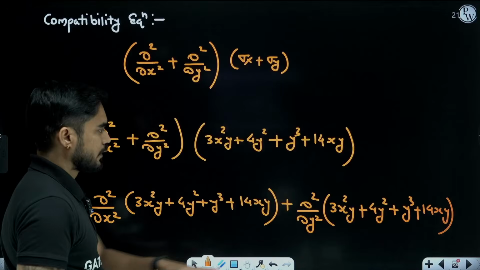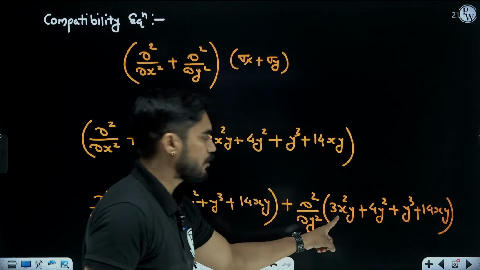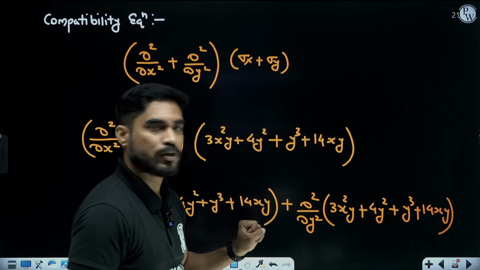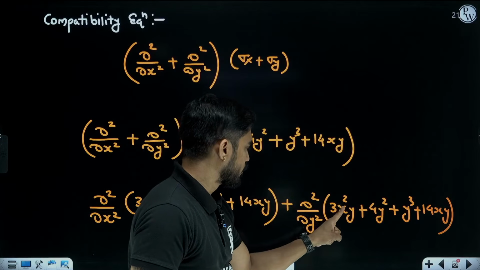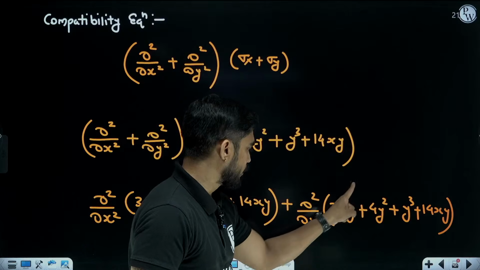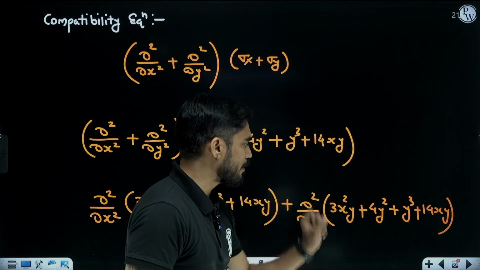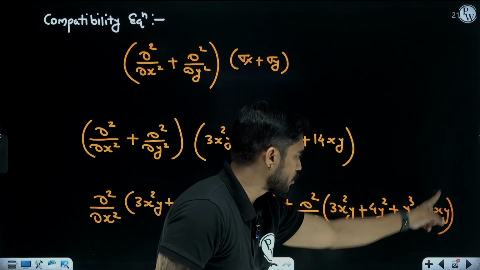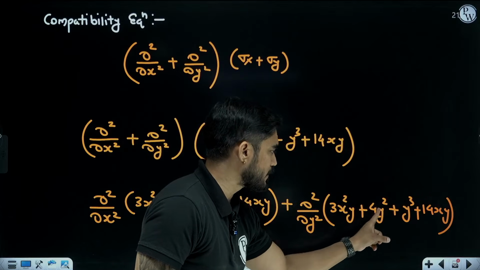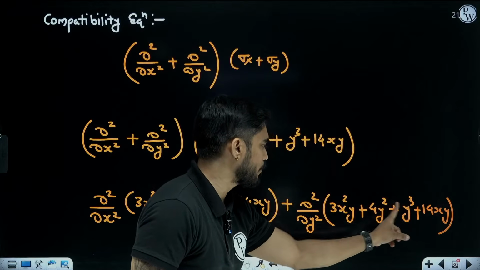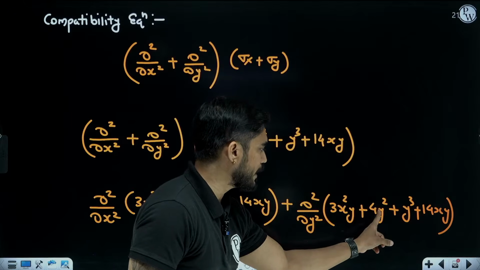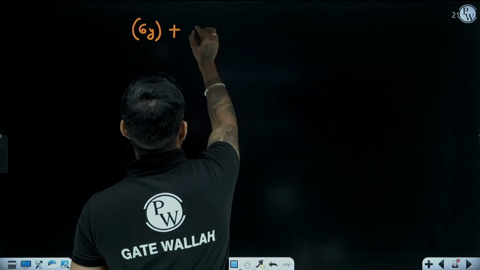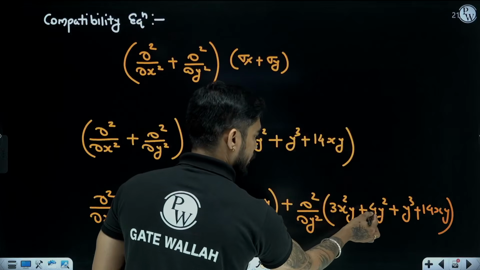Then if you differentiate this with respect to y 2 times, what you are getting? This will become 0 because y to the power 1. This and this have y to the power 2 and y to the power 3. So this will become 8, right?